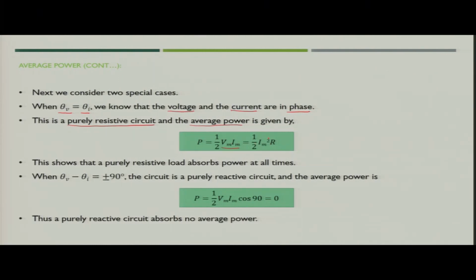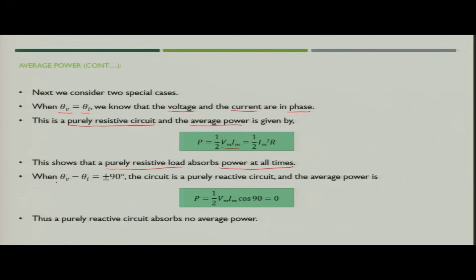So, cos of 0 will be 1, and we can simply write the average power across the resistive element as 1 by 2 Vm Im, or simply 1 by 2 Im square R, because V is nothing but I into R. So in case of a resistive load, the circuit will always absorb power.